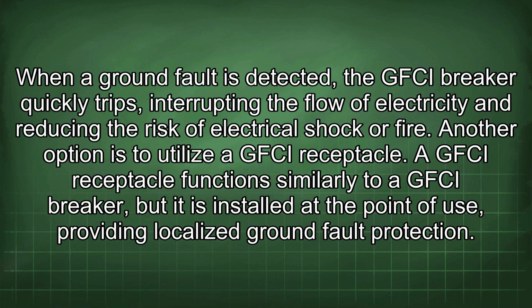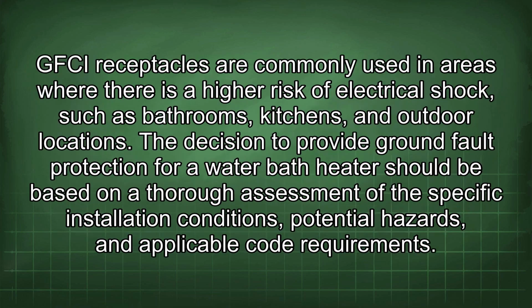Another option is to utilize a GFCI receptacle. A GFCI receptacle functions similarly to a GFCI breaker, but it is installed at the point of use, providing localized ground fault protection. GFCI receptacles are commonly used in areas where there is a higher risk of electrical shock, such as bathrooms, kitchens, and outdoor locations.